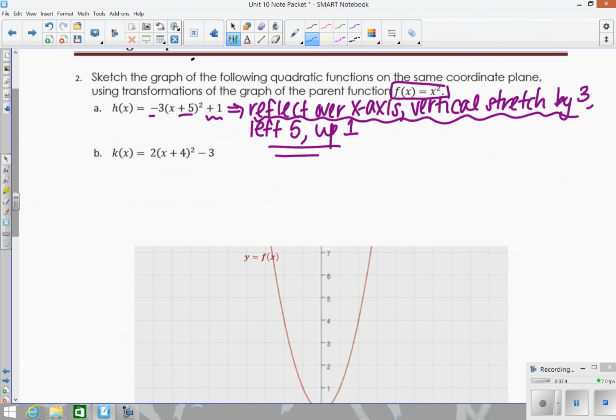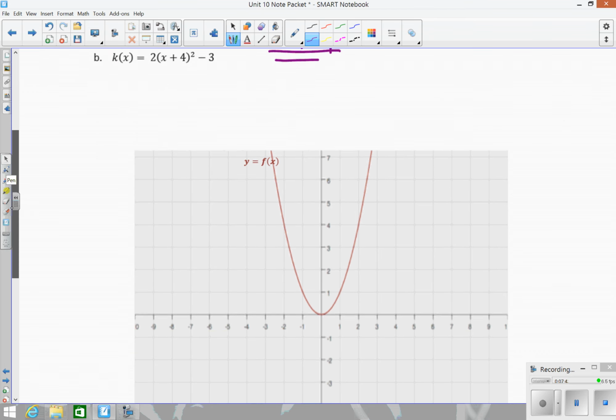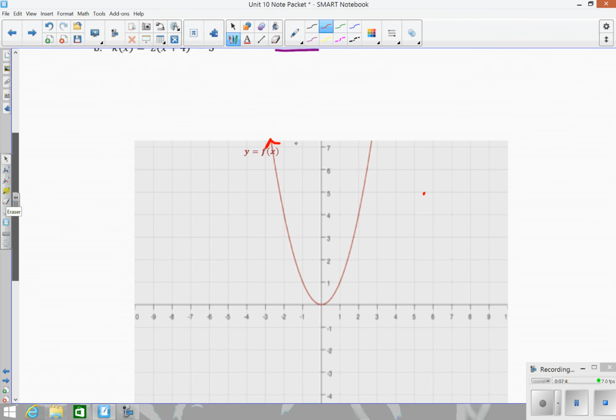We have our parent function already graphed. One thing I want to point out are some key points. We have 0, 0, we have 1, 1, negative 1, 1. For the parent function of a parabola, or a quadratic, you're always going to have this 0, 0.